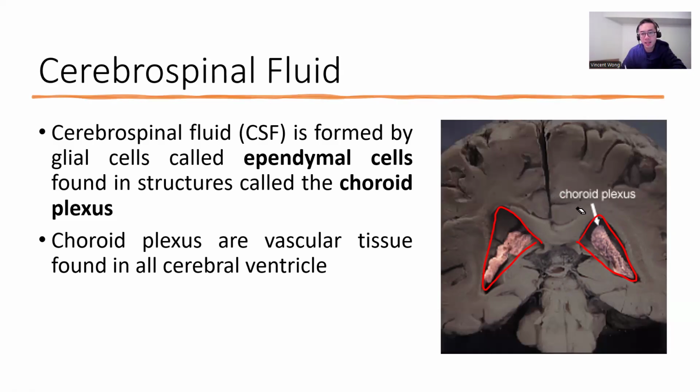Choroid plexus. Okay, it's a special tissue that has lots of blood vessels in it. So each ventricle will have its own choroid plexus. So four ventricles, you will have choroid plexus in each one of them. So far, okay?